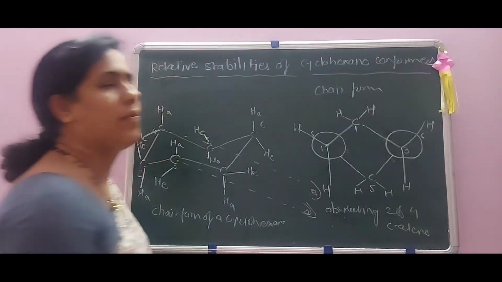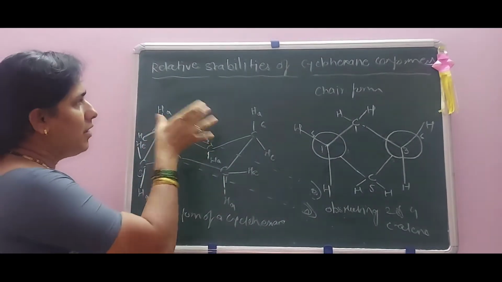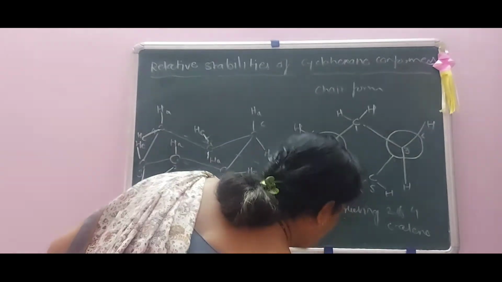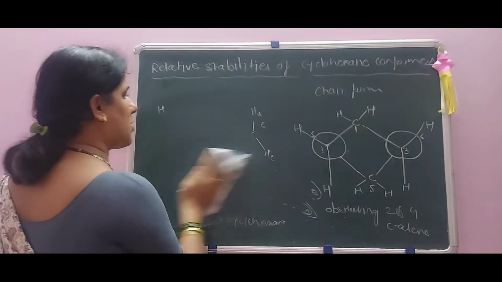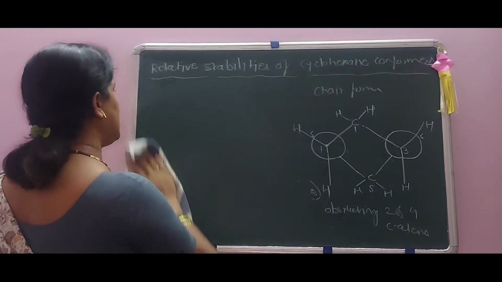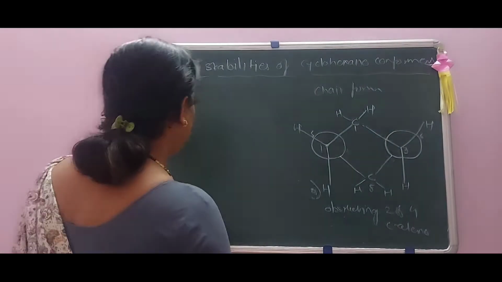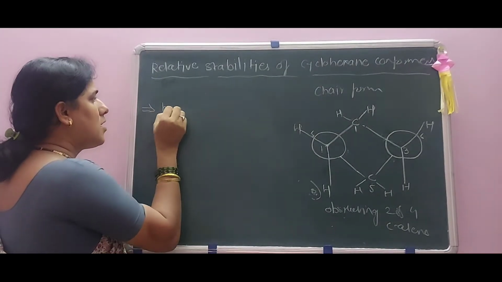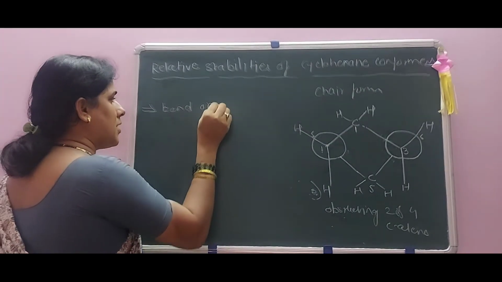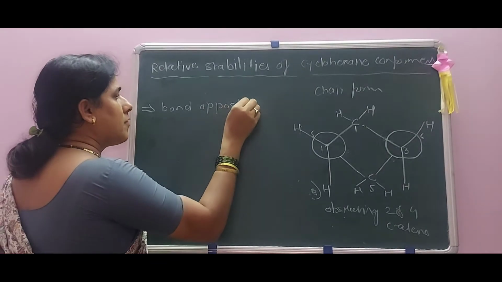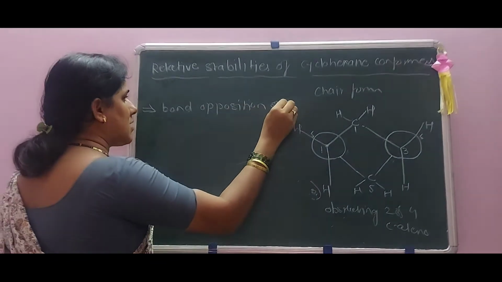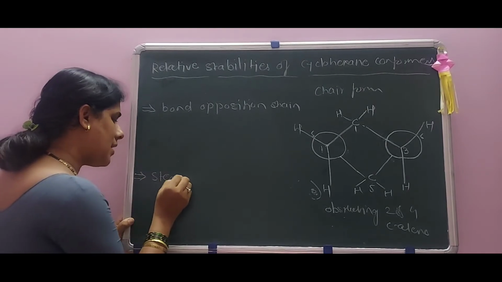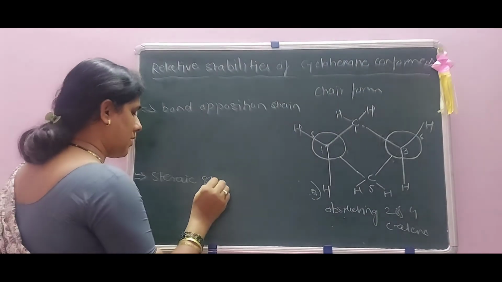Chair form. Now what about the stability of this chair form? See here, by considering the strain on this structure, there are 2 types of strain. First is due to what? That is bond opposition strain. And second is due to steric strain.